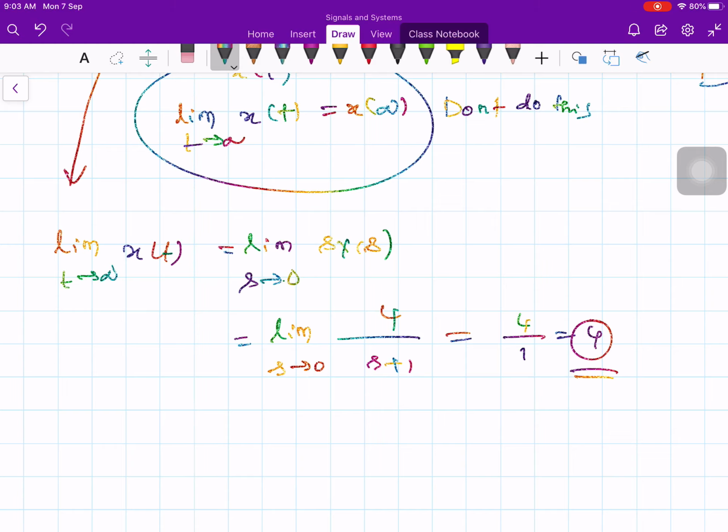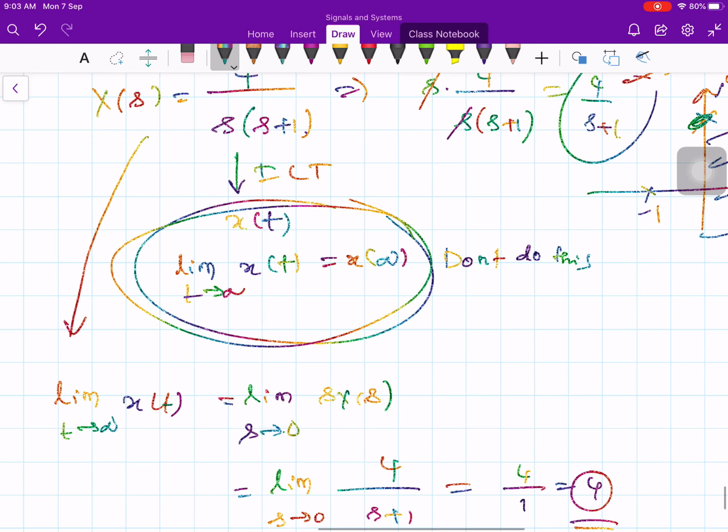This tells us the advantage of this theorem: without having to find the analytical expression for x of t from x of s, which sometimes can be complicated and a lengthy derivation, we can straight away find the final value without going through the intermediate step of finding x of t.